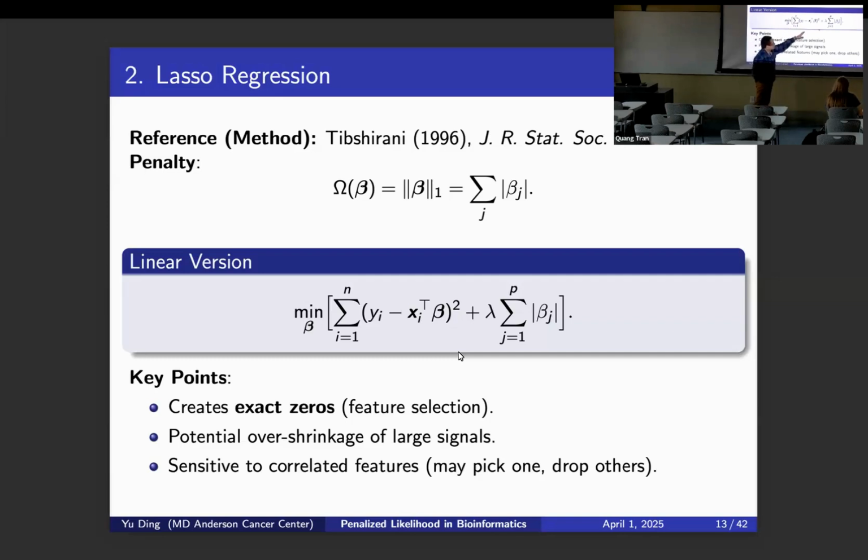This is the general formulation, or the general objective function, of our problem. We just add the positive terms to the original objective function to form a new objective function. And the key effect of lasso regression is that it will create exact zeros.